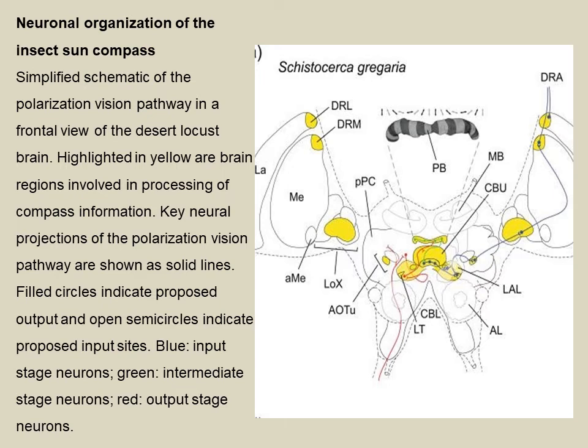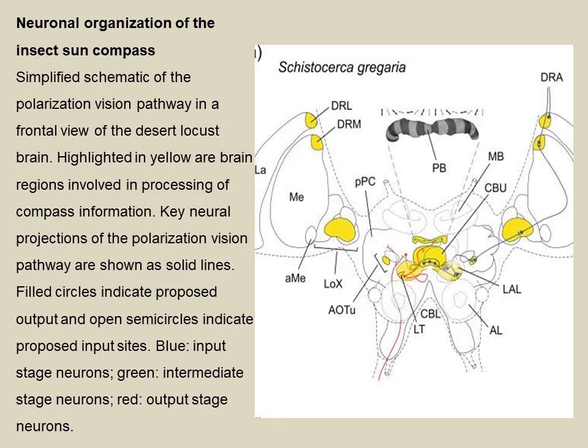Key neural projections of the polarization vision pathway are shown as solid lines. If you can see the solid lines, these are the pathway that this mechanism acts upon. Filled circles indicate proposed output and open circles indicate proposed input sites.